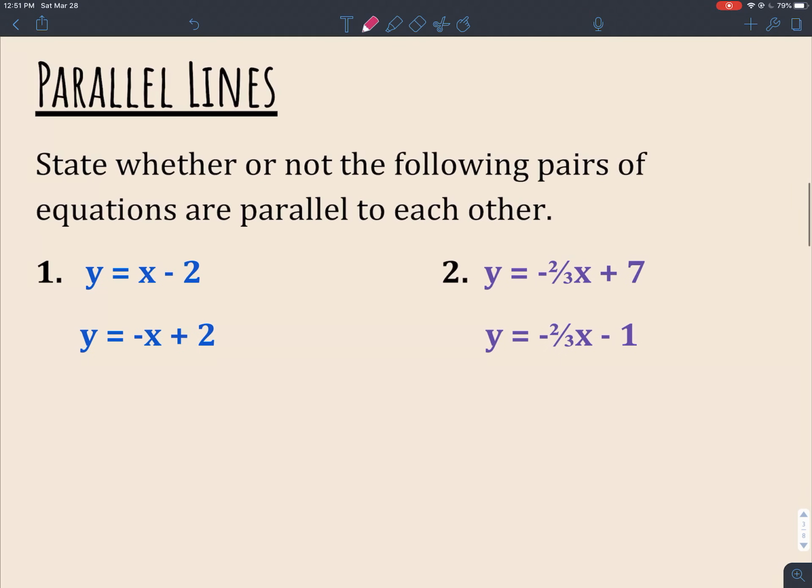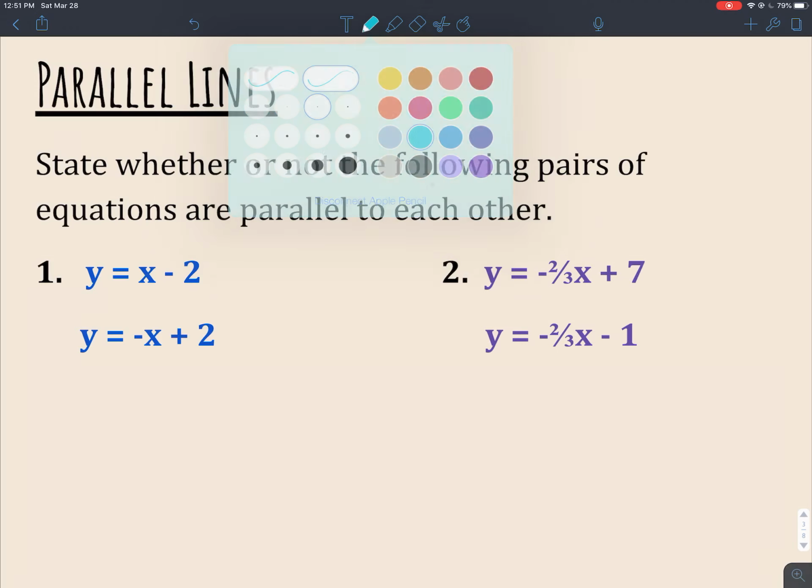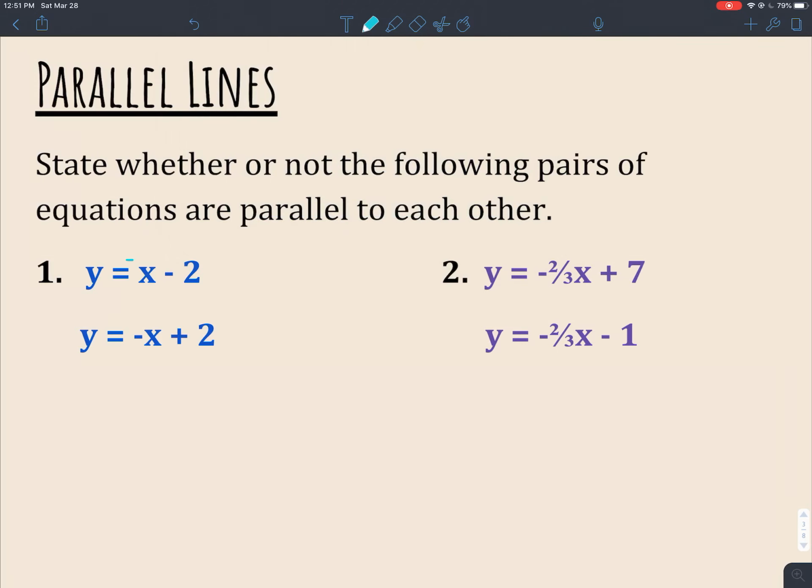If we are looking at the first two questions, it says state whether or not the following pairs of equations are parallel to each other. So the idea is we have to find the slope of each line. Looking at the first one, I have x, and the number that's always going to be in front of x is a 1.